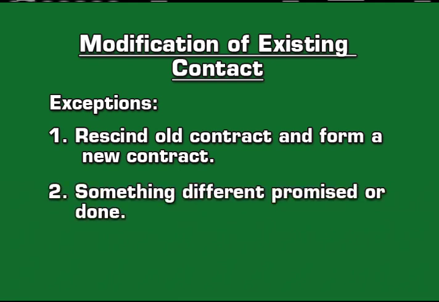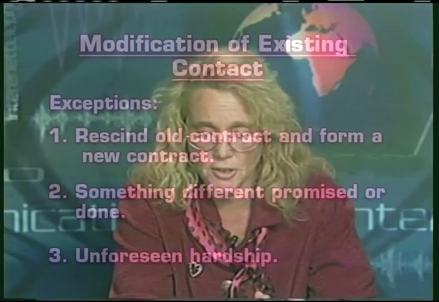Or they might suggest that something different was promised or done. Maybe the agreement was you would complete my house for $175,000, but once again, you would do it 30 days early. Court might find that something different was promised, or maybe you said you'll put on a sun porch in addition for the $25,000. Now we've got something new promised.